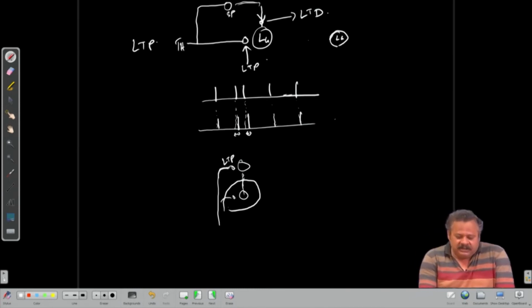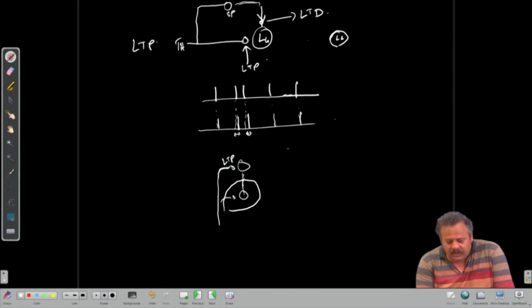So, this has been an idea that is present, that subplate neurons are involved in developing the thalamocortical circuitry.